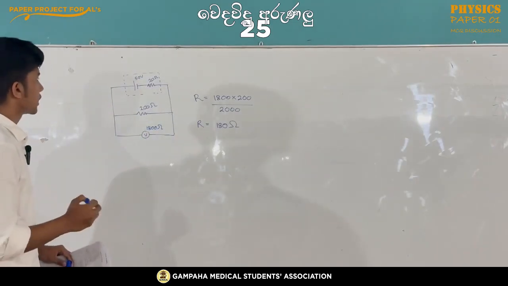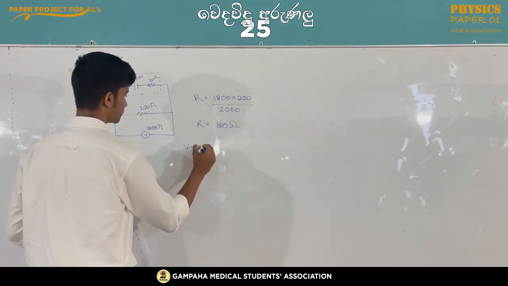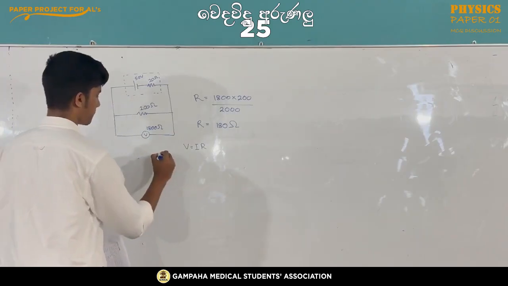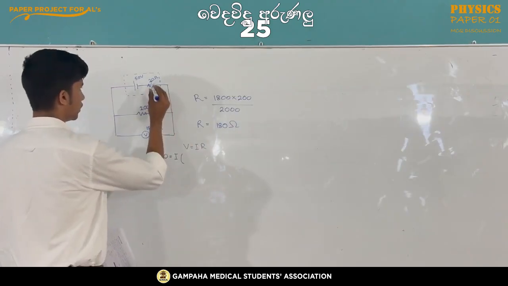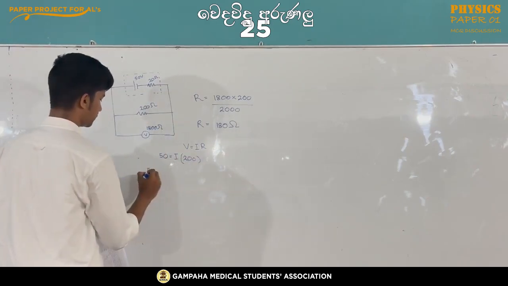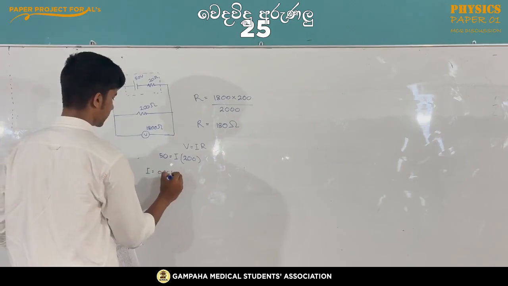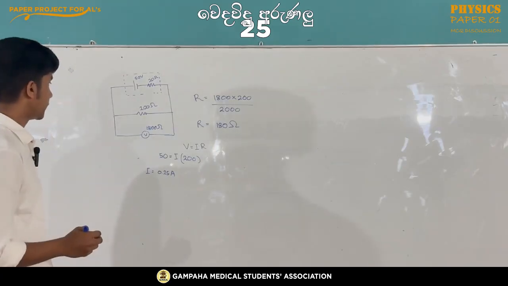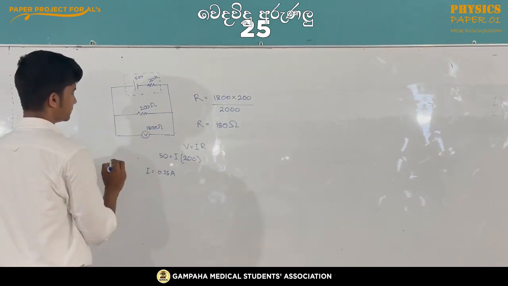So then considering the internal resistance of the cell, we can calculate the total current that passes through the circuit by applying V equals IR for the whole circuit. The addition of 180 and 20 ohms is 200. Then the current that passes through the circuit is 0.25 amperes. Then we can calculate the potential difference that is present across this resistor.